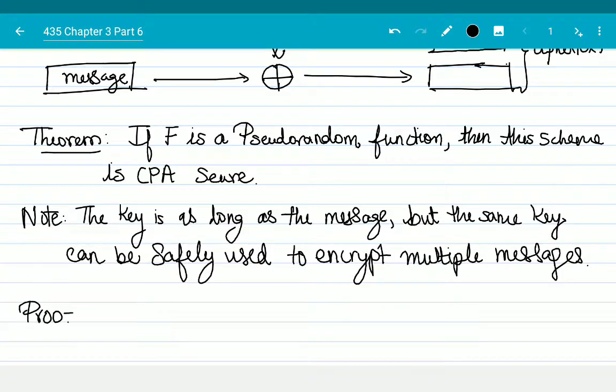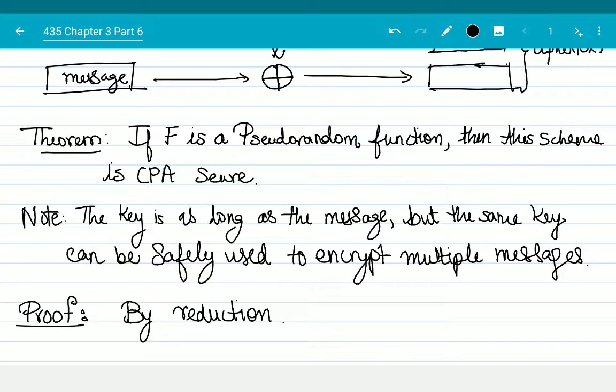Proof. By reduction, we are again going to reduce the problem to an attack on my f.